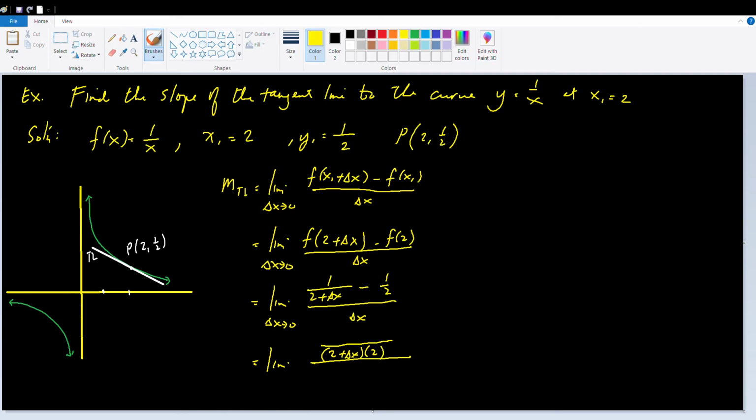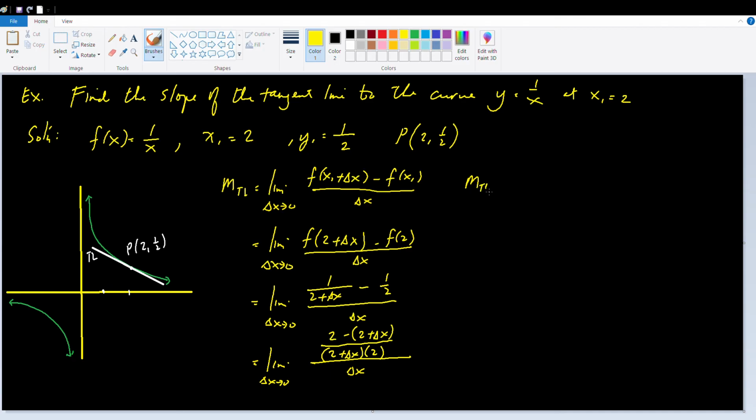So 2 plus delta x times 2 times 1, that will be 2, minus 2 plus delta x times 2 divided by 2, is 2 plus delta x, all over delta x, as delta x approaches 0. So you combine the two fractions. The least common denominator is the product, 2 plus delta x times 2. And then you just cross multiply. So 2 minus the quantity 2 plus delta x.